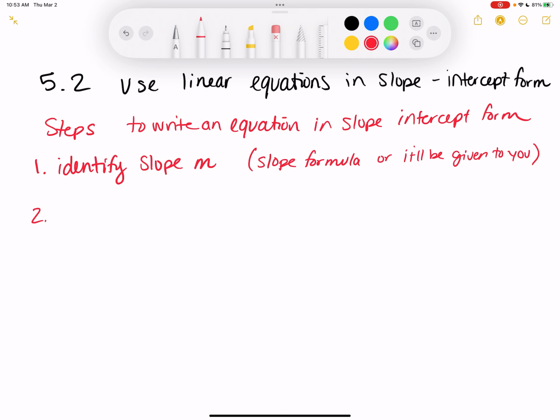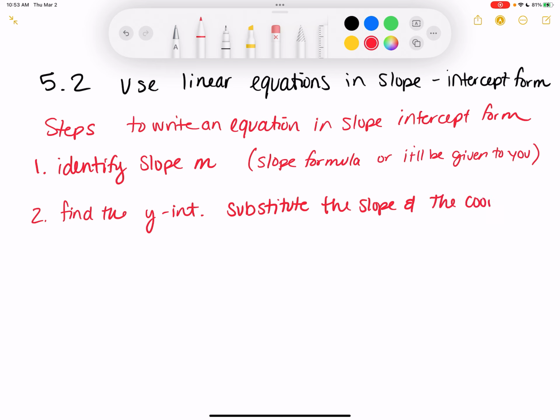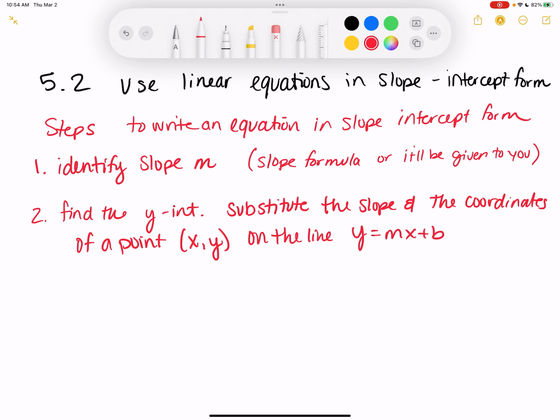Step 2, we find the y-intercept. To do that, we substitute the slope and the coordinates of a point x, y on the line into y equals mx plus b, and solve for b.